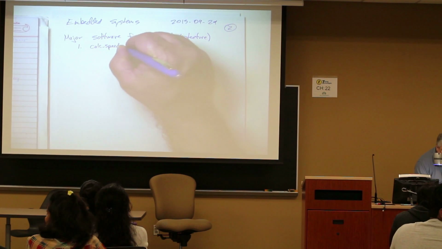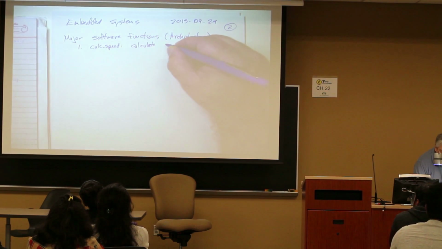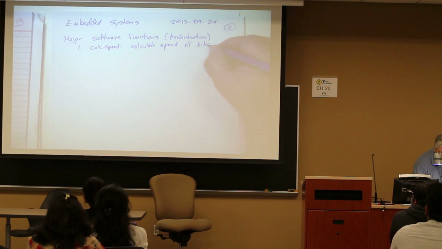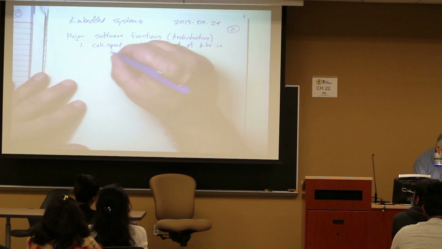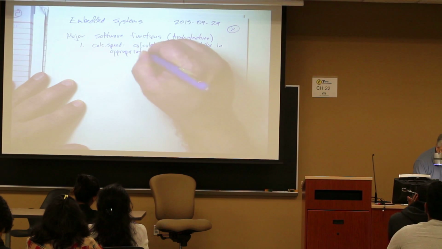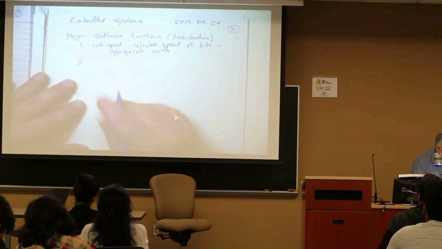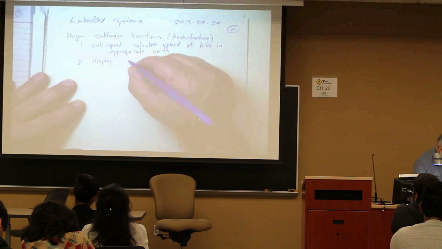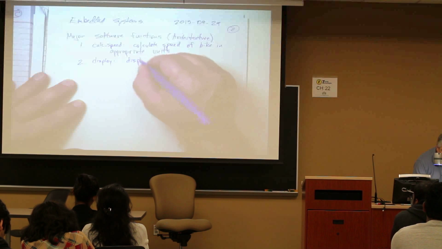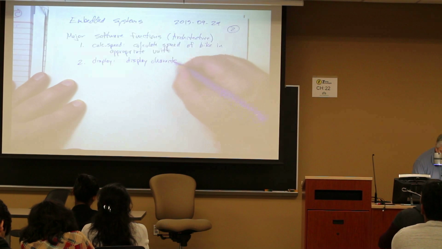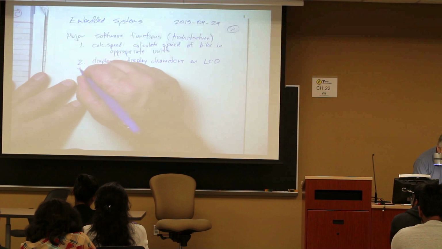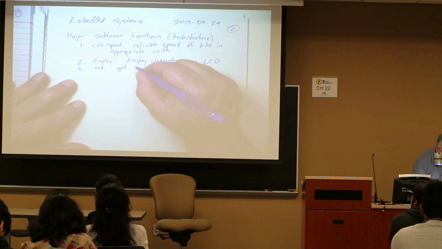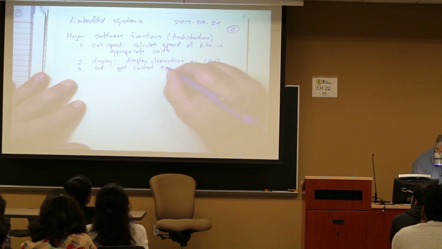1, calculate speed of bike in appropriate units. 2, display characters on LCD. 3, TOD, get correct time of day.